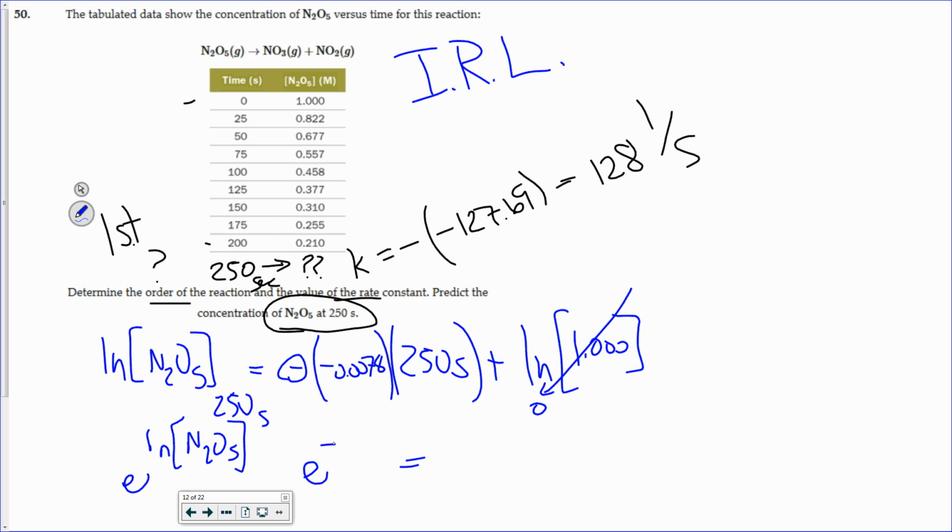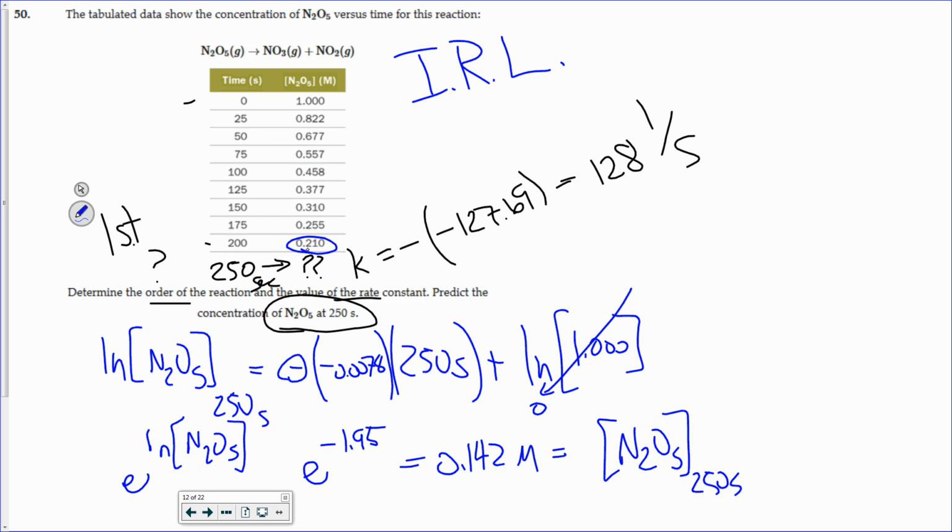That's a negative 1.95, which makes a lot more sense. I take the anti-log of that and get 0.142 molar. That's the concentration of N2O5 at 250 seconds. Now let's see if that makes sense. Here it was 0.21, so it makes sense for it to be smaller 50 seconds later. It's getting smaller.